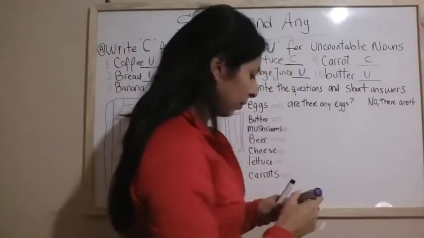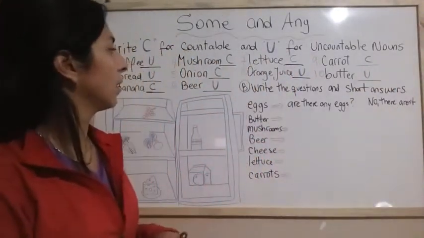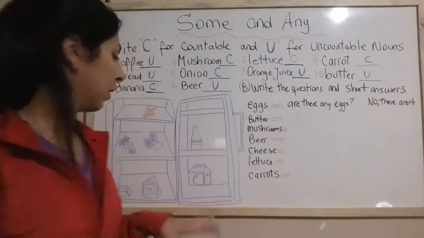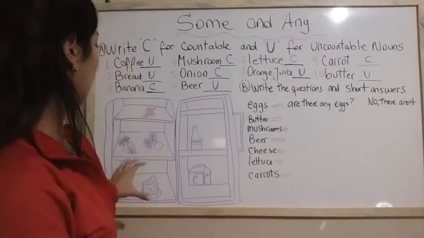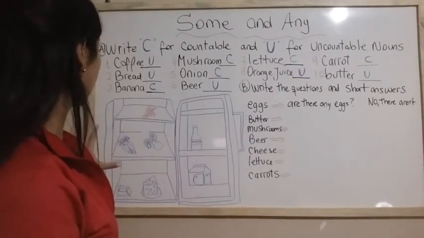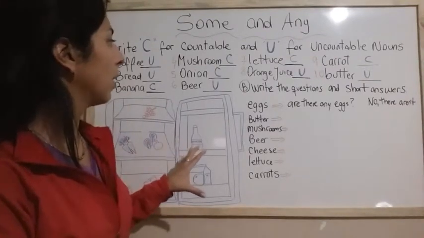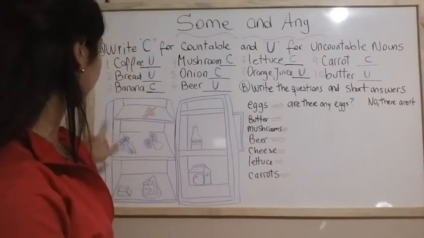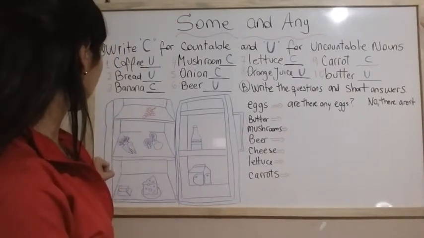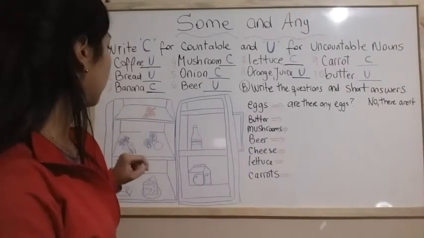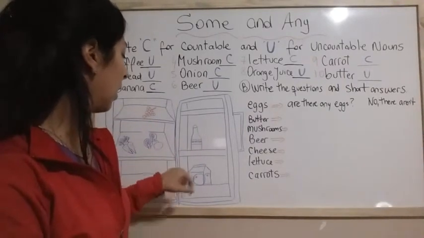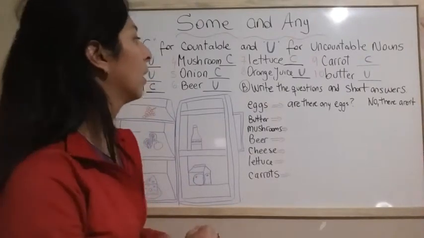Okay? Then we have another exercise. We have a fridge, una heladera. And this fridge has many things, okay? For example, it has carrots, cheese, butter, mushrooms, grape, a beer, and orange juice, okay?